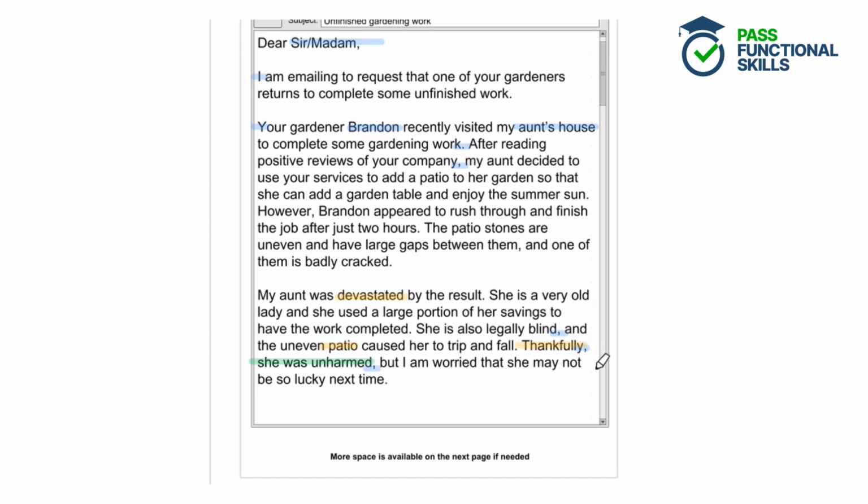So try to use some longer or more complicated words in your answer and try to use specialist words. So for example, we've got patio there to refer to gardening. A good way to check your spellings is to use the internet or a dictionary, but do be aware that you can't do this in the exam. So you need to be prepared and know how to spell words correctly going into the exam.